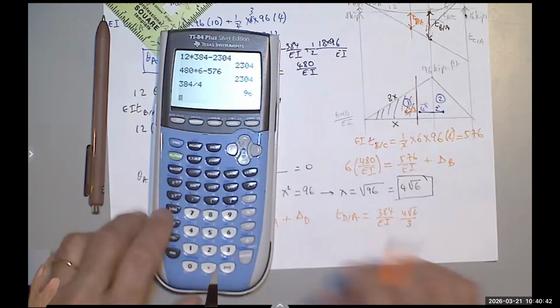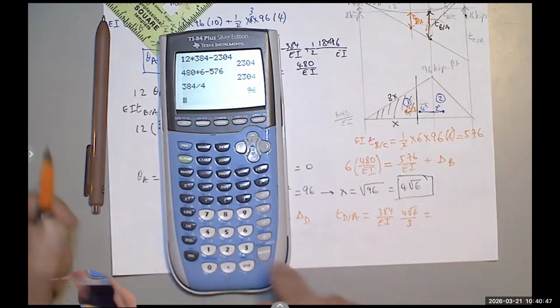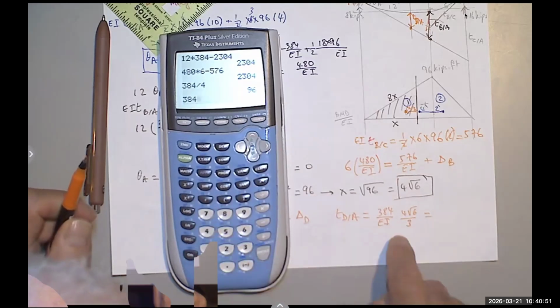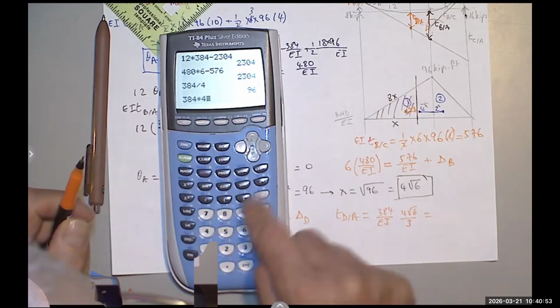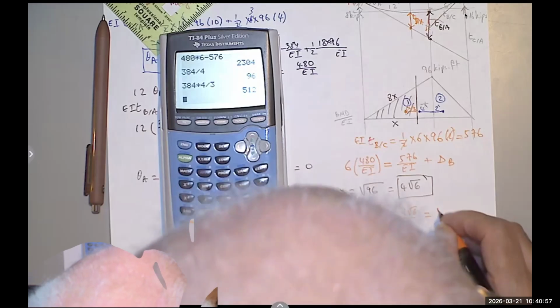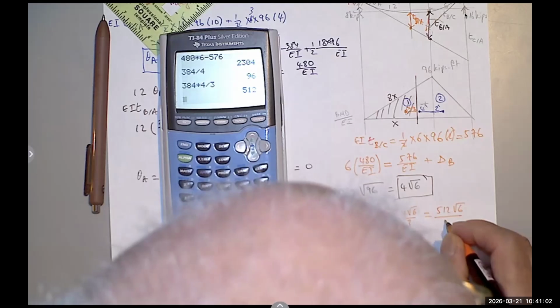So I'm going to leave the root 6 and I say, okay, if I take the 384 times 4/3, that will give me 512 root 6 over EI.